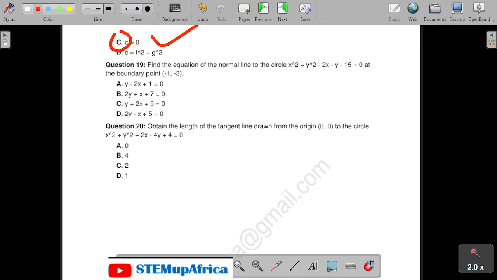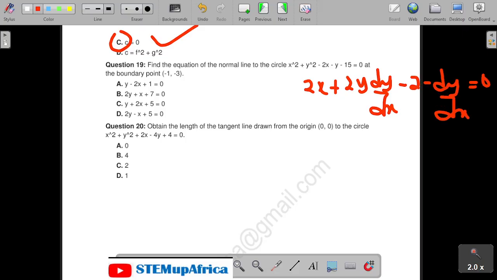Then number 19. You find the equation of the normal to this point. It's the same manner: we find dy/dx using implicit function. I'm having 2x plus 2y dy/dx minus 2 minus dy/dx equals 0.